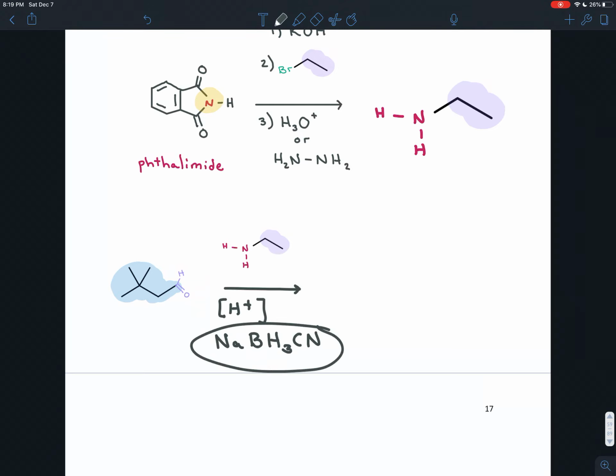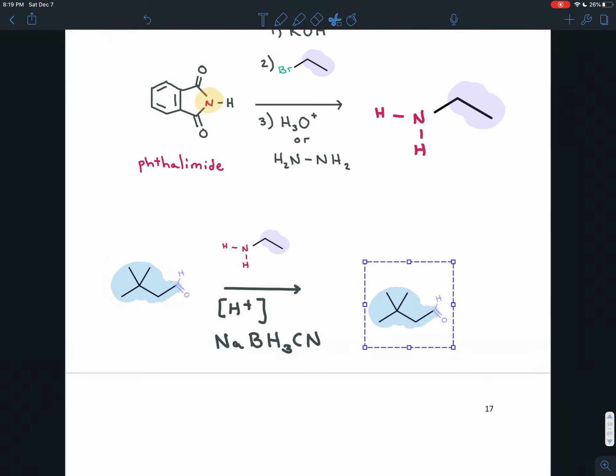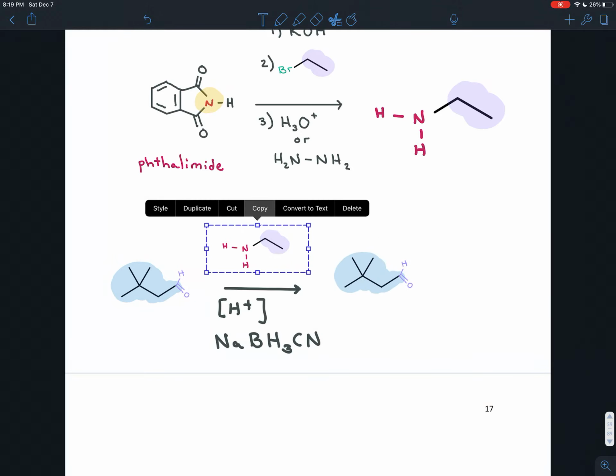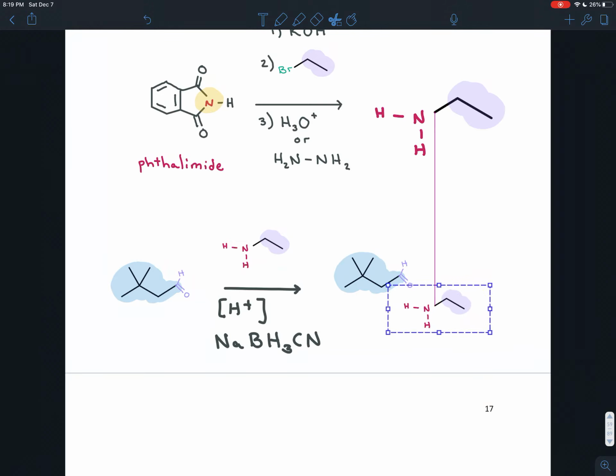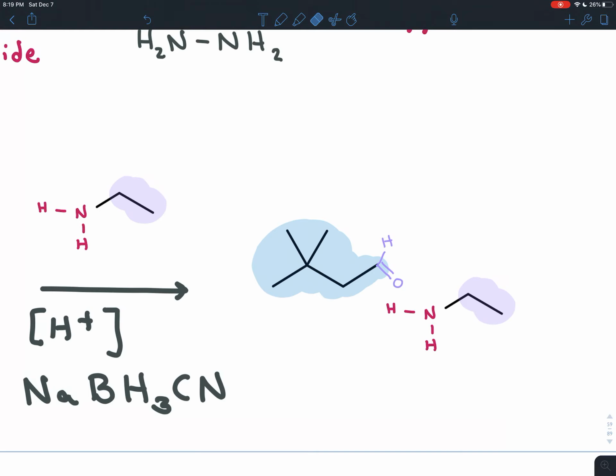And then that will be reduced by the sodium cyanoborohydride to an amine. So the overall effect is where the double bond to the oxygen was, you'll have a single bond to the nitrogen.